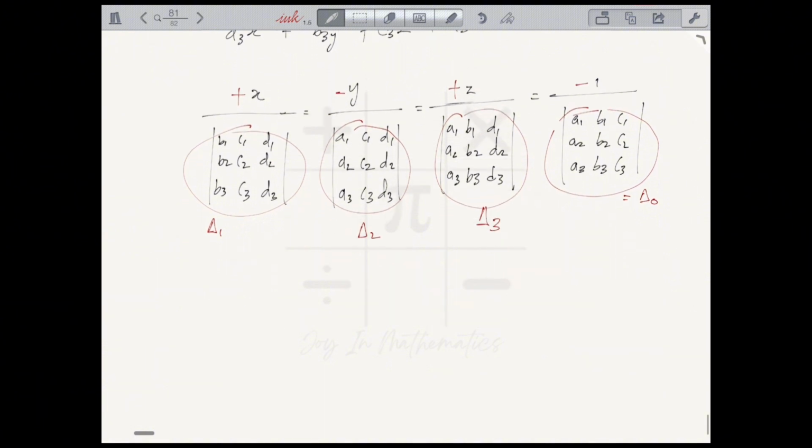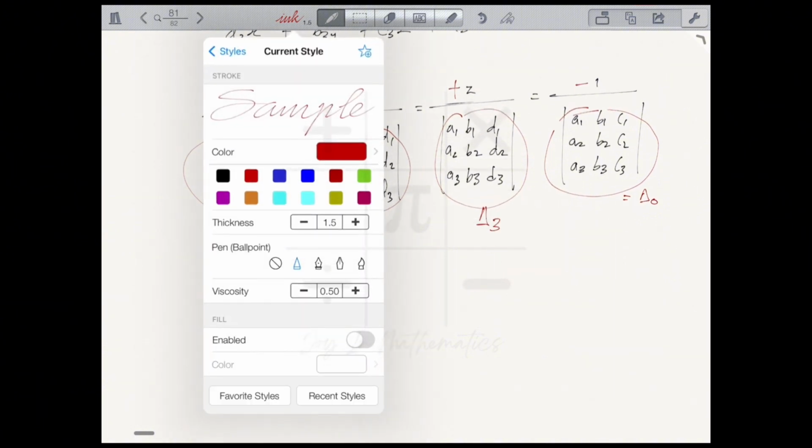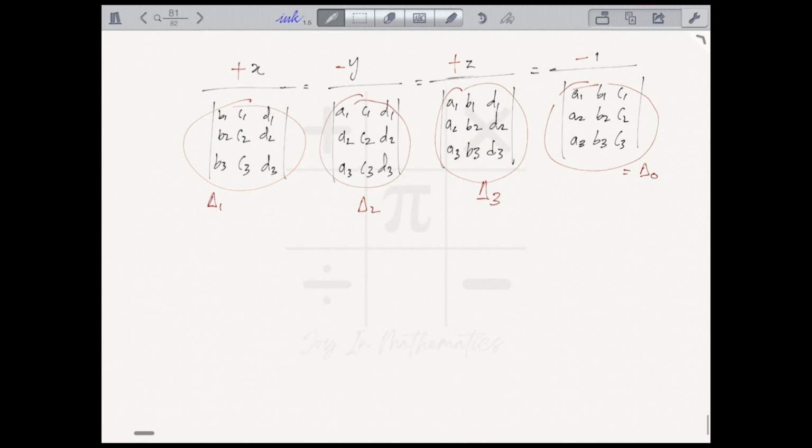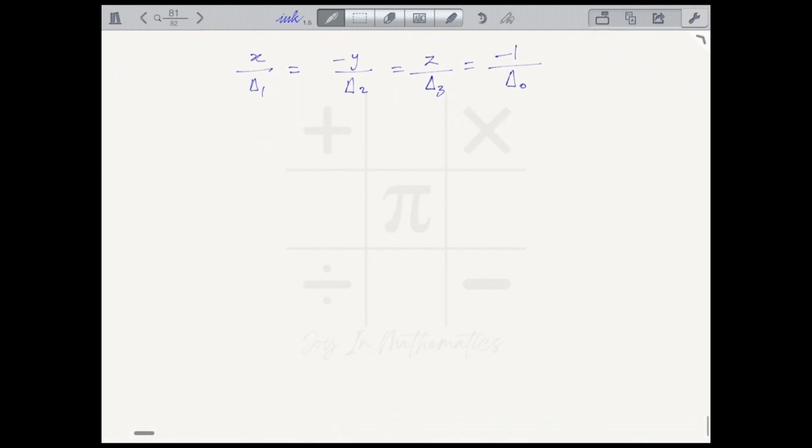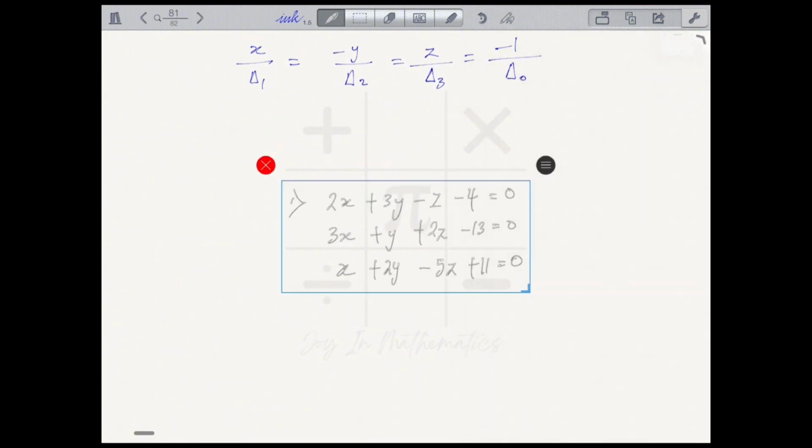So we can now come to a conclusion of the expression of solving simultaneous equations of 3 unknowns and say this will be x divided by delta 1 is equal to minus y divided by delta 2 is equal to z divided by delta 3, which is equal to minus 1 divided by delta 0. So all we have to do is evaluate the corresponding determinants and find the values of x, y, and z. So let's begin with example 1.